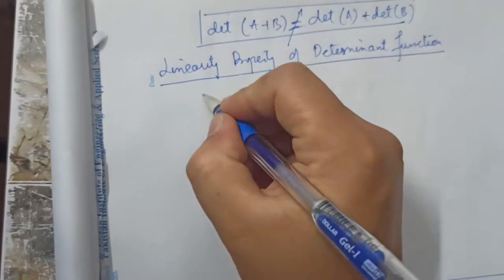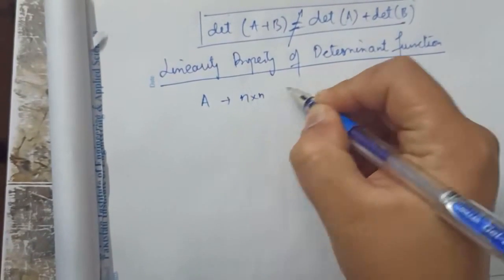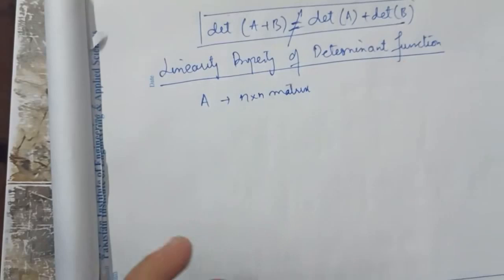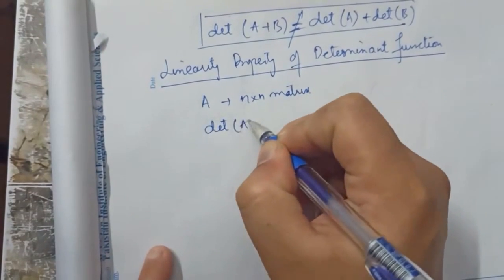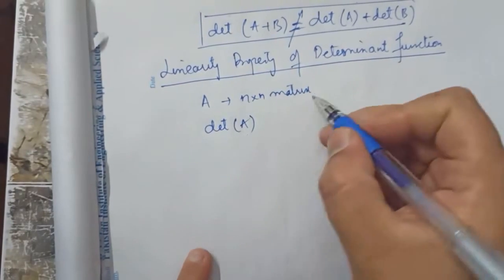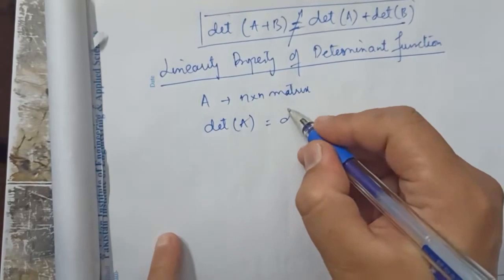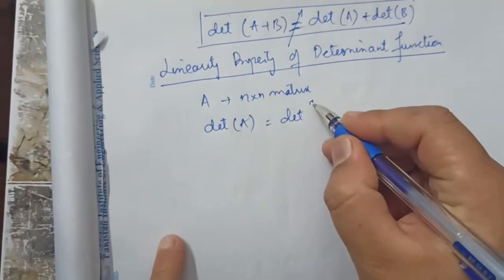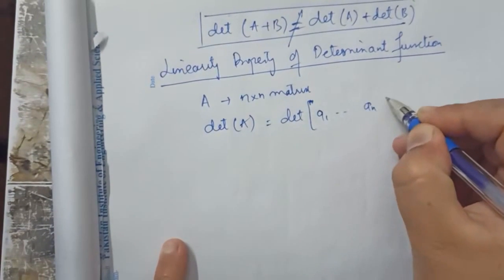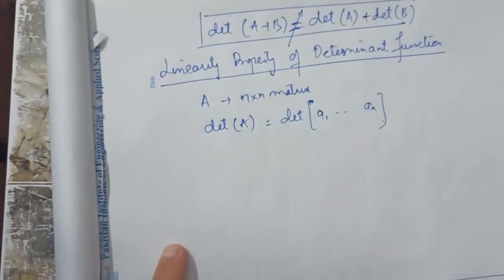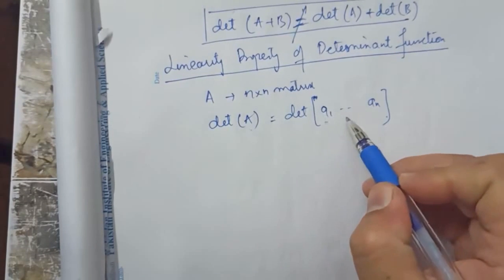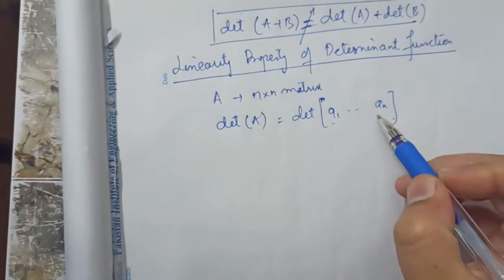If A is an n cross n matrix, we can consider the determinant of A as a function of the n column vectors in A. So you can think of the determinant of A as the determinant of A1 up to AN, a function of A1, A2, A3 up to AN.